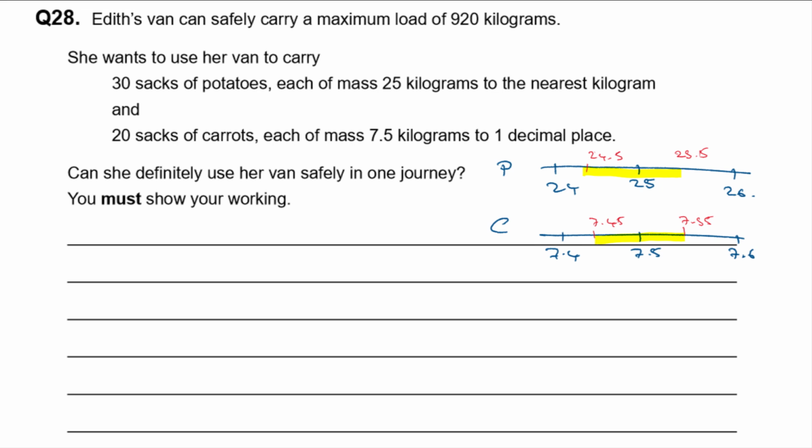Right. So we're going to need the upper bound for each of these, aren't we? Because we want the worst case scenario. The bags are all max heavy.